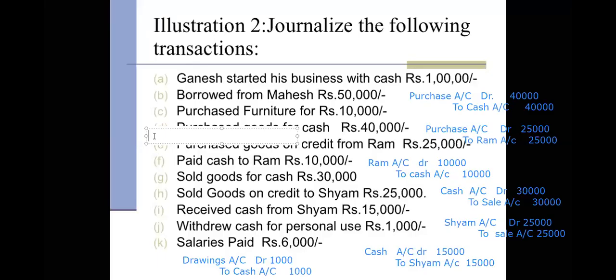Okay. Now speak up. Salary paid rupees 6,000. Now you have paid salaries rupees 6,000. Now salary is what? Whether it is personal, whether it is real, or whether it is nominal? Okay, you are paying something, it turns out the expenses of your business. Whenever expenses are there, you write in the debit side, debit all expenses.